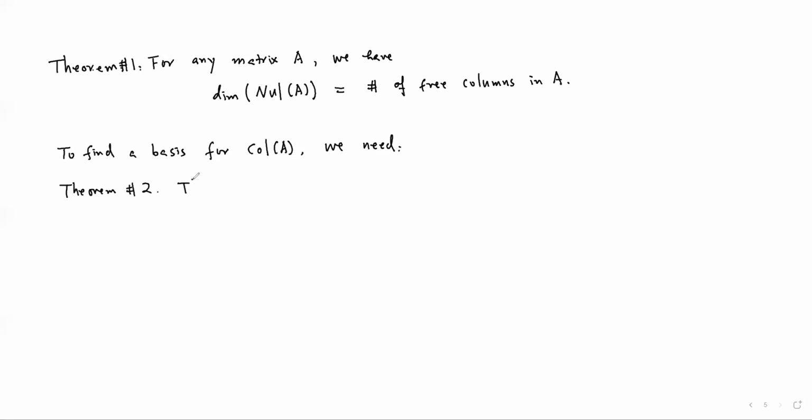It turns out that the pivot columns of a matrix A form a basis for the column space of matrix A. How to use this theorem?